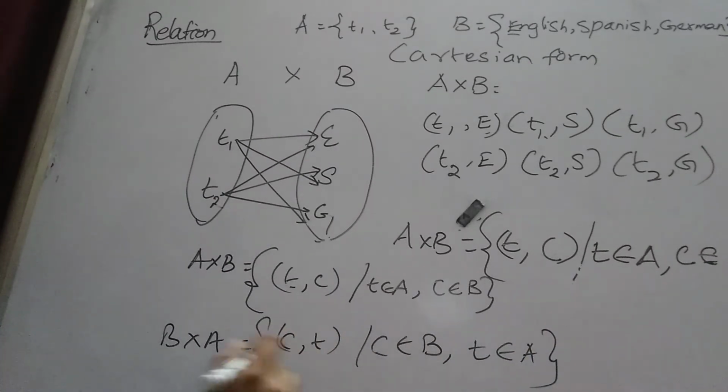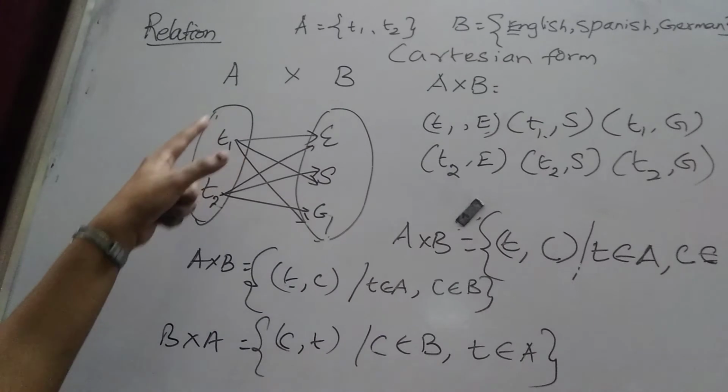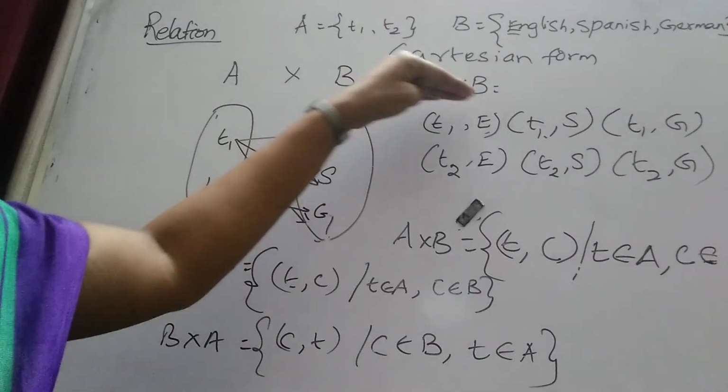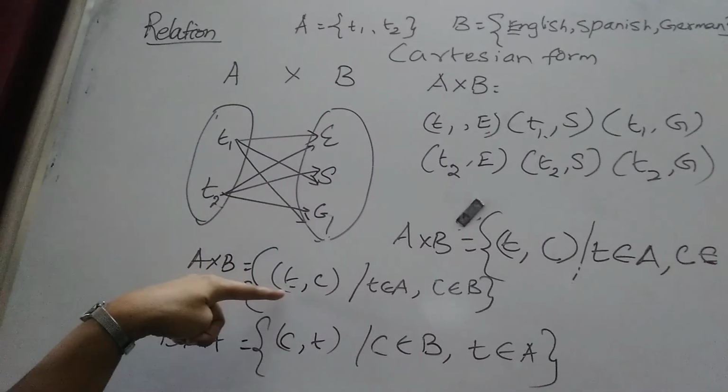This form of writing is called the Cartesian form. So two sets A and B can be related using the Cartesian form, and A cross B denotes the ordered pairs.